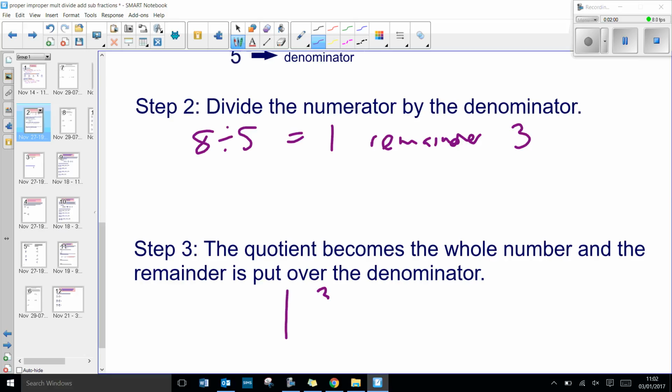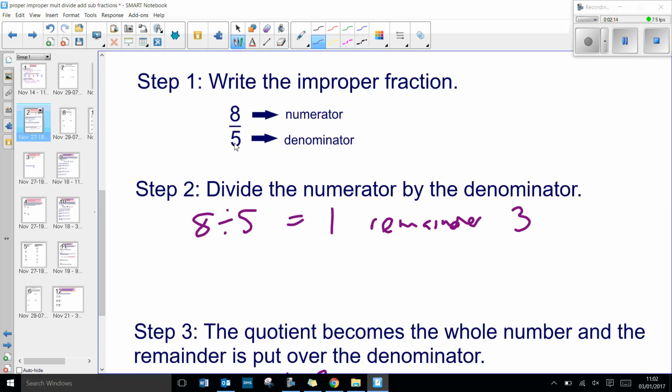Note, the denominator does not change. So, just as a recap, we say how many times does 5 go into 8? That's once. Remainder 3, so that's where the 3 comes from.